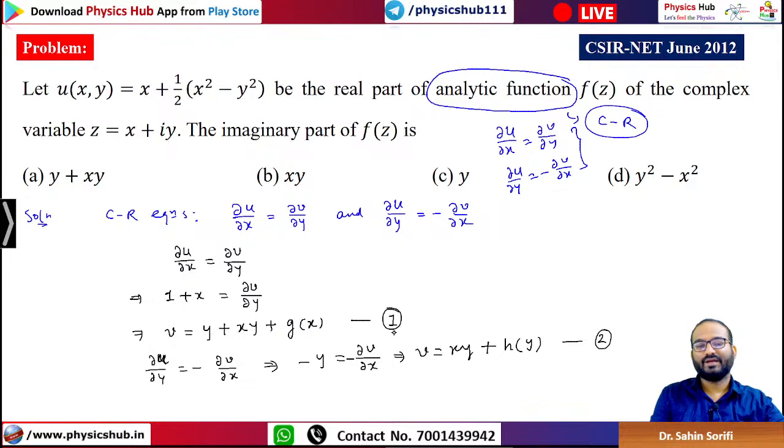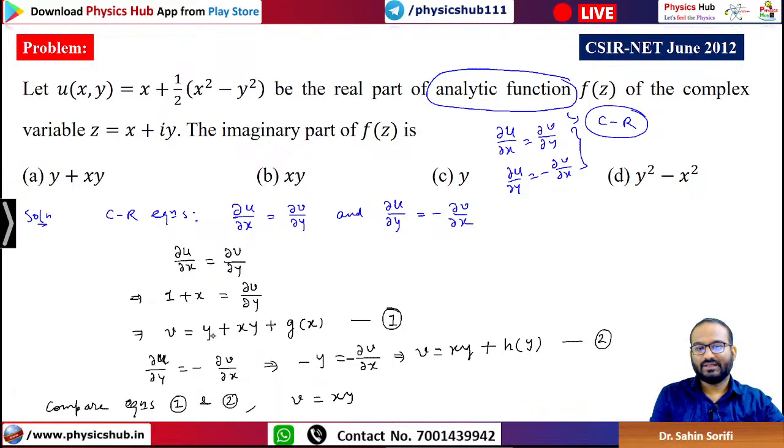Now, as you compare equation 1 and 2, what can you conclude? From equation 1, xy is common, so there is no doubt that xy will come because it is in both equations.